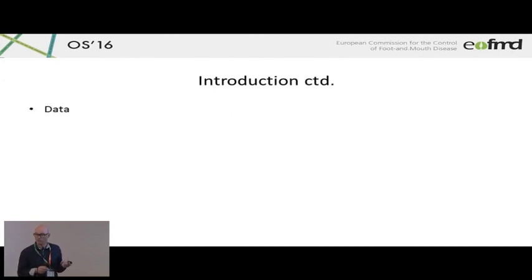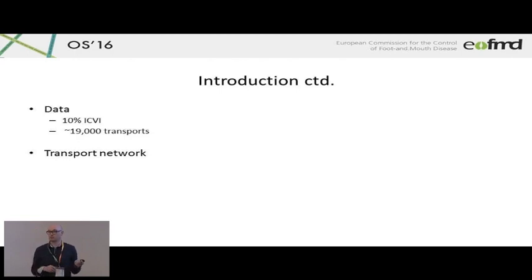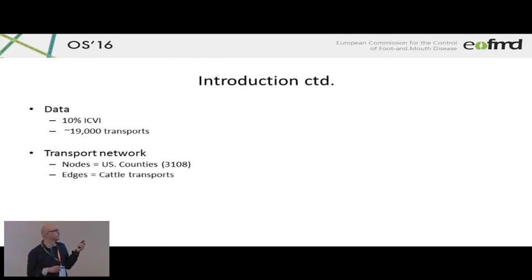We have obtained a 10% digitalized sample of these ICVIs, and that is roughly 19,000 transports. From this, we set up a transport network where we use the US counties as nodes, and cattle transports are the edges.